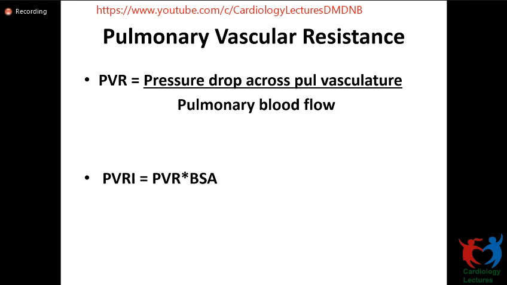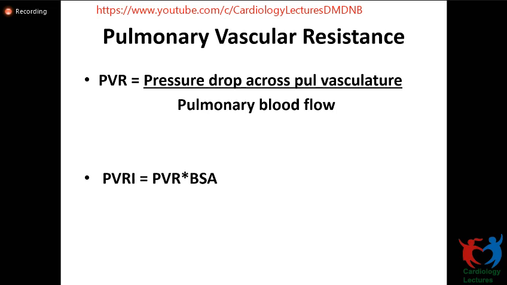What will be the pulmonary vascular resistance and systemic vascular resistance? What is the ratio, sir? No, I'm asking you what is the normal. The pulmonary vascular resistance index is calculated from the formula: pulmonary vascular resistance multiplied by the body surface area.